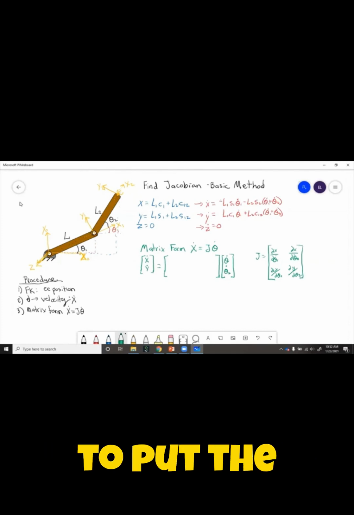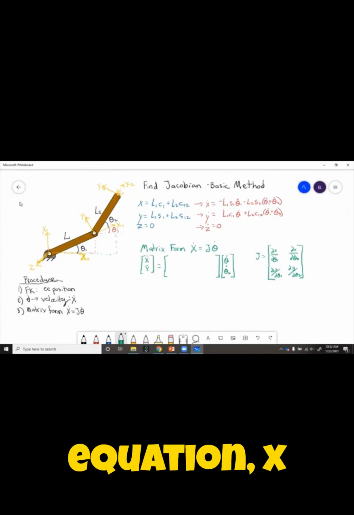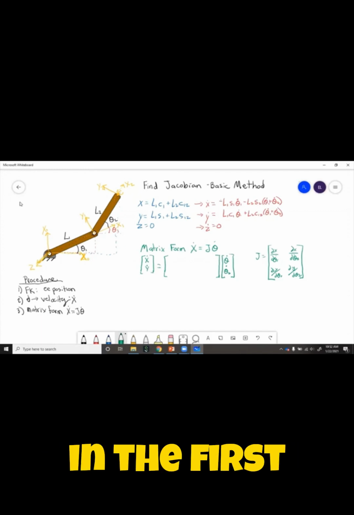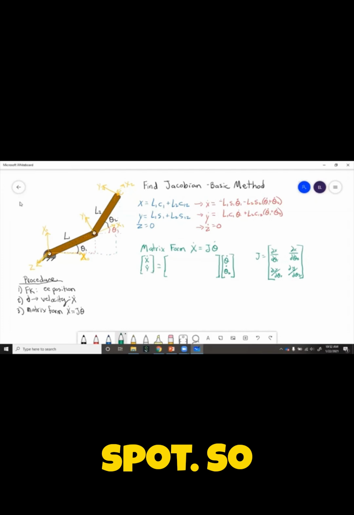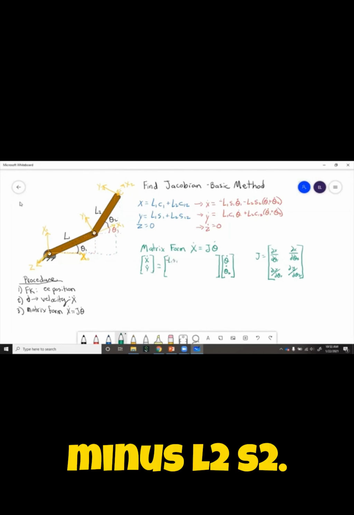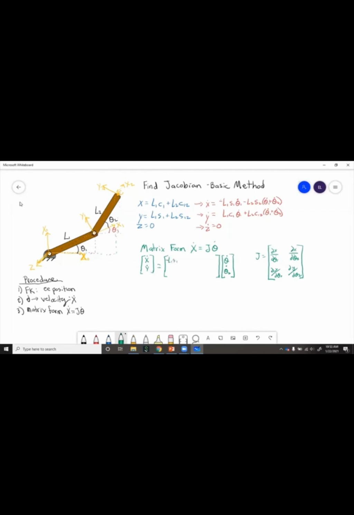So we just need to put the coefficient for the x equation, x coefficient of theta 1 goes in the first spot. So that's minus L1 S1 minus L2 S12. That is what's times theta 1 dot.